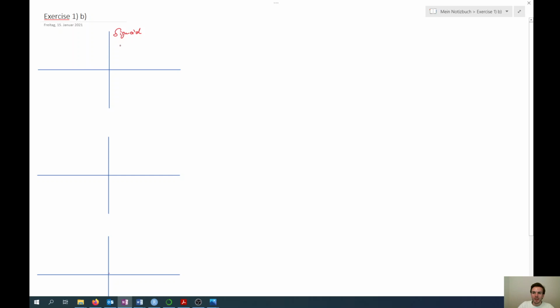This has kind of an S shape. So it converges to 1 at the one side and then converges to 0 at the other side.